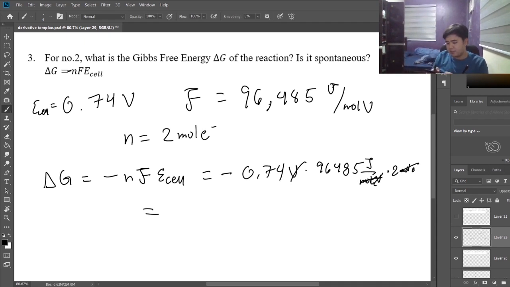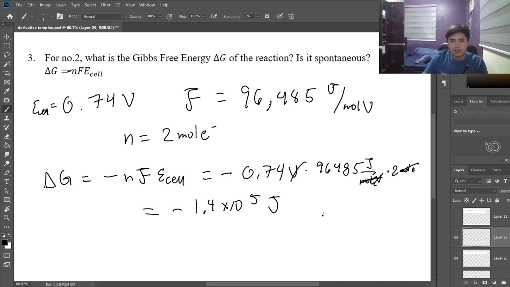So do a negative 0.74 times 96,485 times 2. Our Gibbs free energy is negative 1.4 times 10 to the 5 joules.